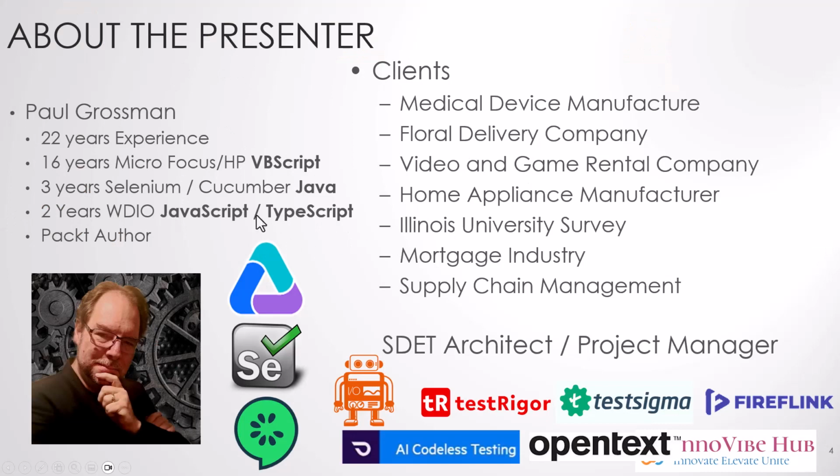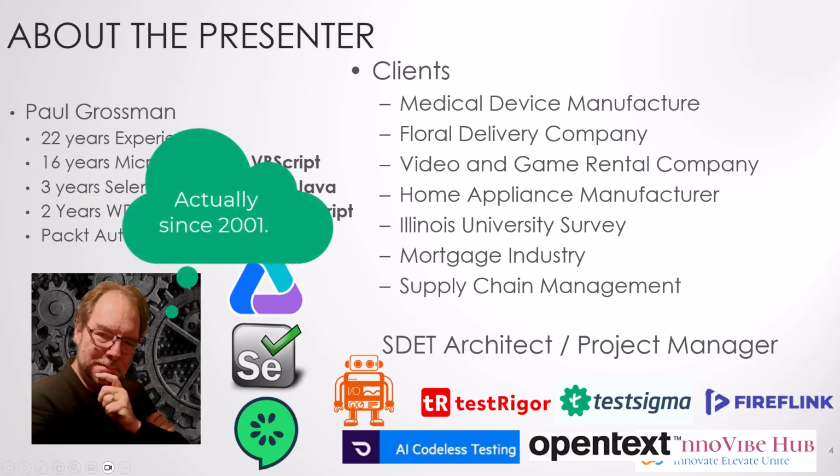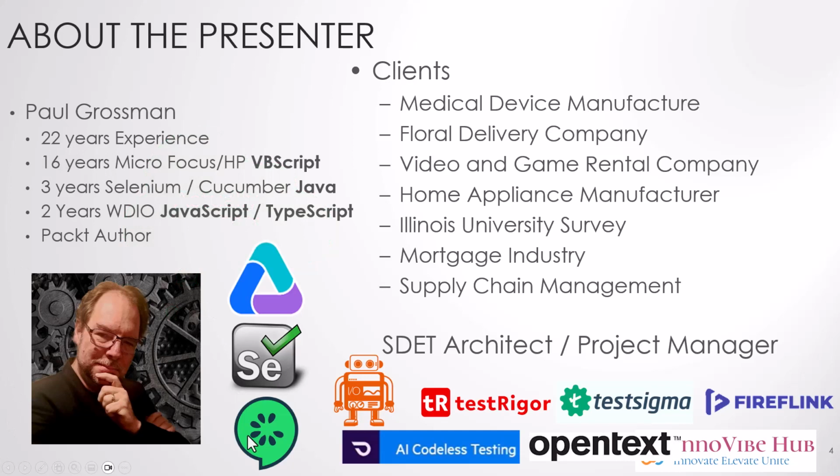A little bit about me. I have been a test automation architect since 2000, so 22 years, 24 years, give or take. I started at a medical device manufacturer with X-ray machines, and I've gone through all sorts of different companies: floral delivery companies, video game rental, and even an Illinois university survey company.